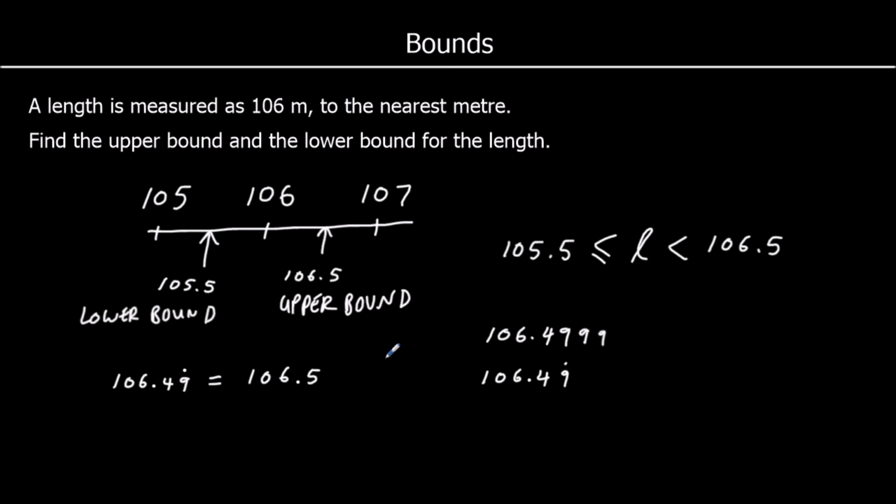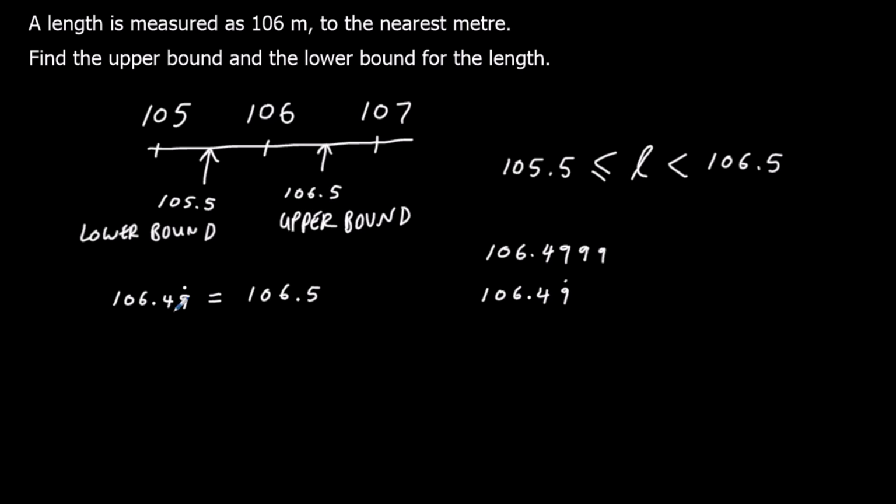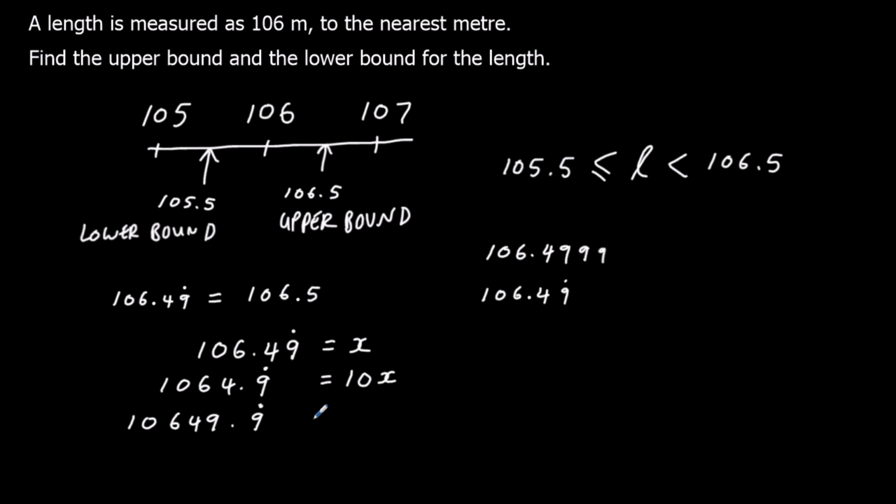I'm going to divert slightly. 106.49 recurring. If we convert that to a fraction, so if we call that x, we're going to multiply it by 10 to get the 9 recurring by itself. And then multiply by 10 again to get something else ending in 9 recurring. If I do 100x take away 10x, that will give me 90x.